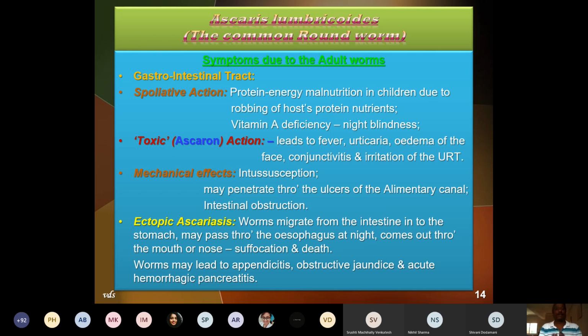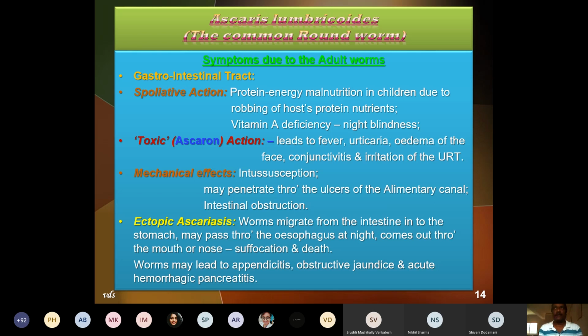Next are the symptoms due to adult worms. Adult worms are present in the small intestine. As they are adult worms, they feed on the intestinal contents. Specifically, this infection is more commonly seen in children. And in children, the adult worms present in the intestine rob the child of nutrients.